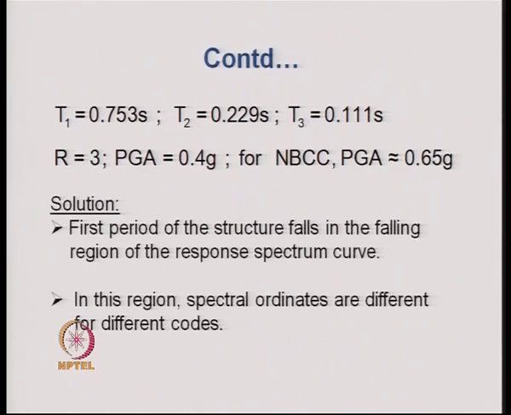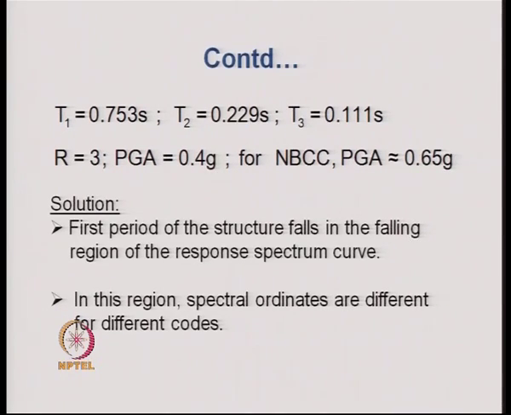The first period of the structure falls in the falling region of the response spectrum curve. So, that is the most important thing, and we have seen that in the falling portion of the curve, the different curves given by different codes differ substantially. That is the observation.